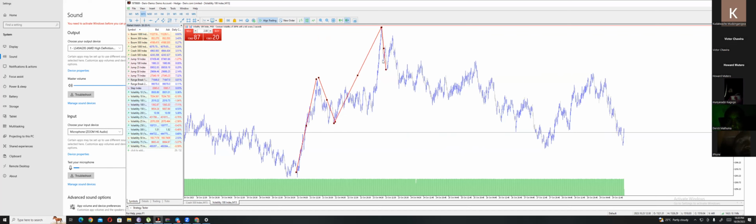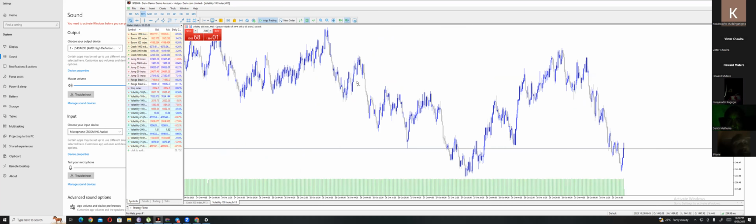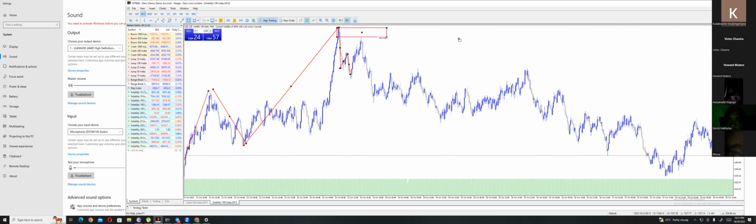But if you look at it, when we started here, we had an inside structure that was like this. I'll tell you about complex pullbacks and then a break here. But which one was the last buy before we sold to respect that structure? We can see it here. So now this is my order block, as you can see. And what price does is it comes in that area and then it falls like this.